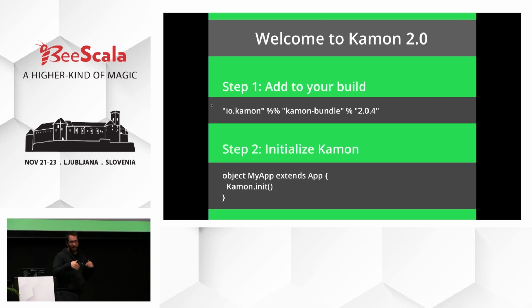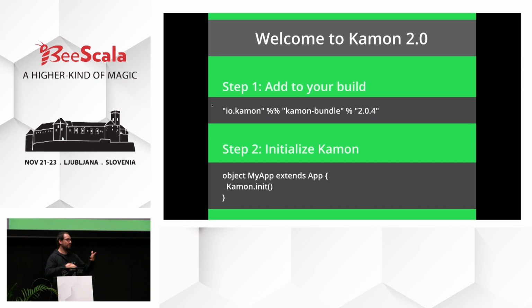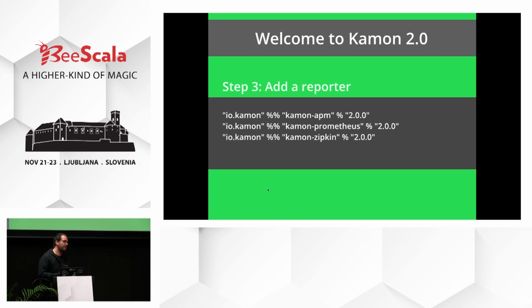So as of today, if you want to start using Kamon, you only need to add a dependency on the Kamon bundle, which is a jar that has all the instrumentation we have available in there. Call kamon.init when your application starts, and obviously you will want to add some reporters so that you can send this data somewhere outside.